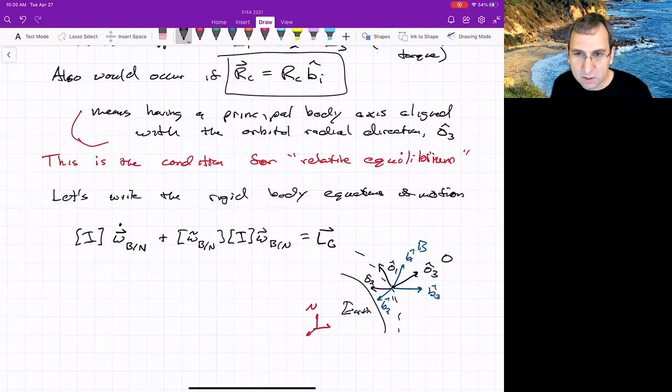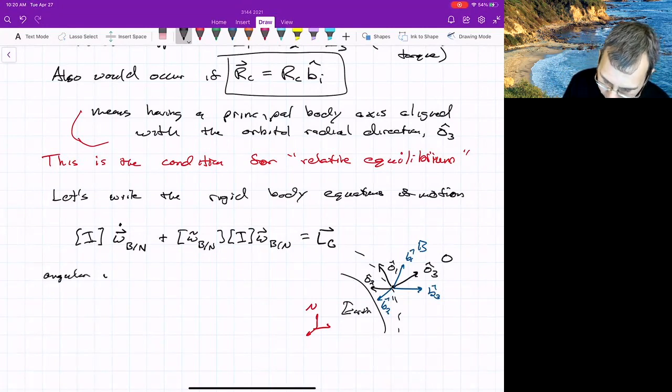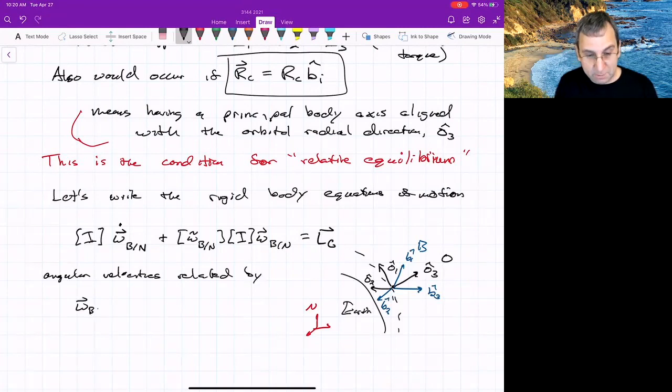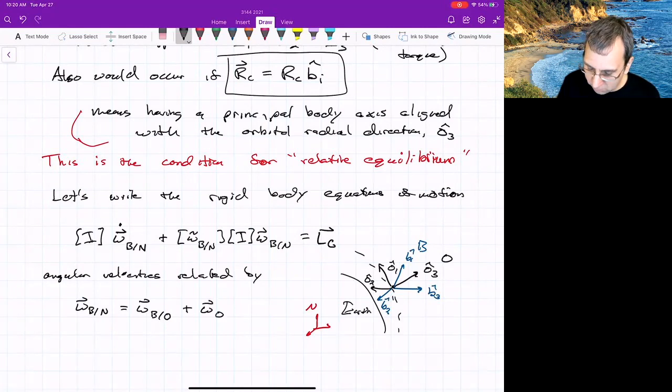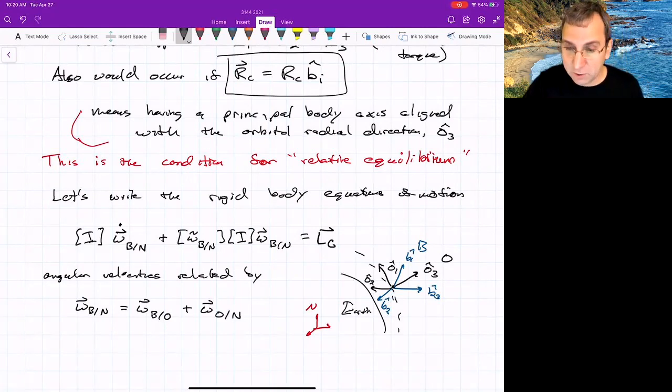And how are these angular velocities related? We've got omega of the body with respect to the inertial frame, and that's equal to the rotation of the body with respect to the orbital frame, plus omega of the orbital frame with respect to the inertial frame. So relative equilibrium would be what?